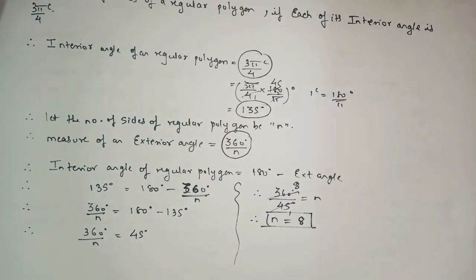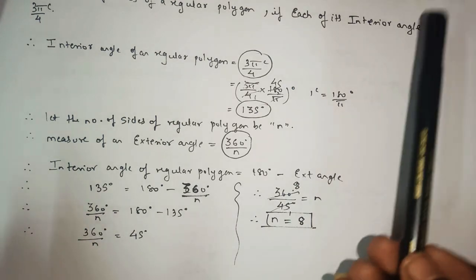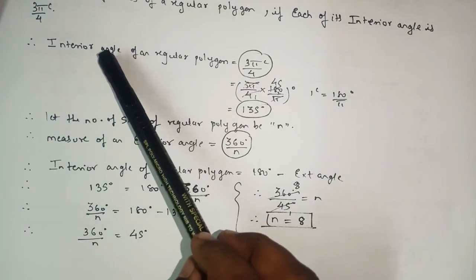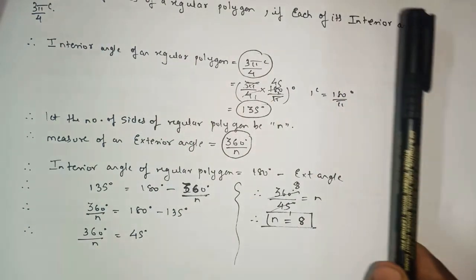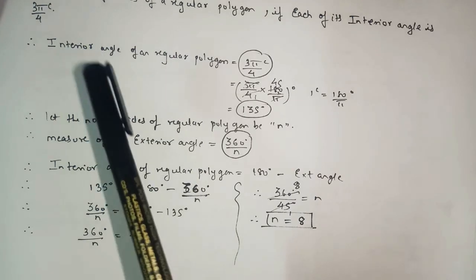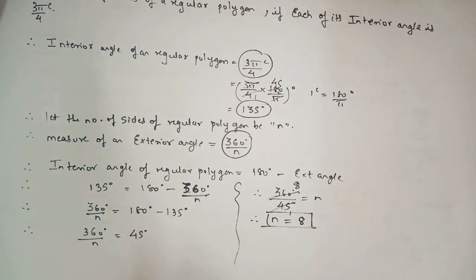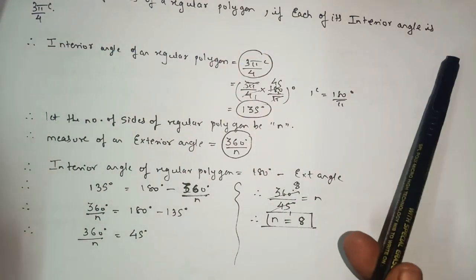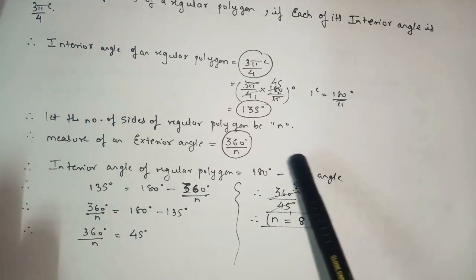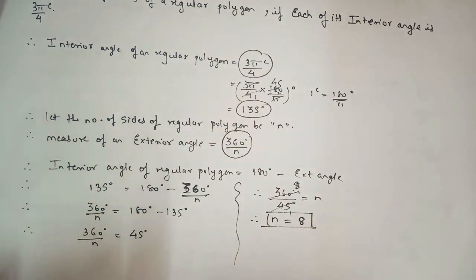I hope you all understood how to find the number of sides, and how to find the interior angle and the exterior angle. In this example we saw, when we have the interior angle or exterior angle, how to find the number of sides. From this we can say that n is equal to 8. So 8 is for which shape?